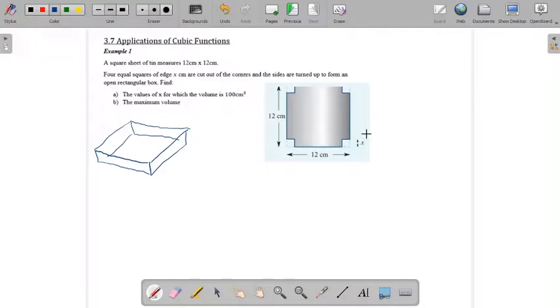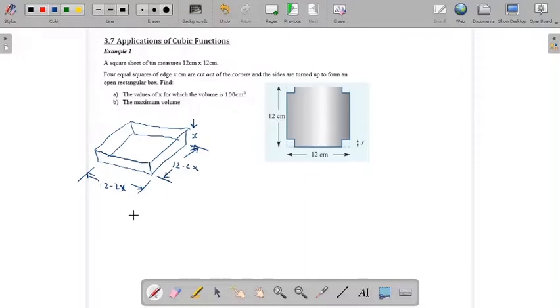When these are folded up, that dimension there is x all the way around, which means also that our dimensions across there are going to be 12 minus x minus another x, so that's 12 minus 2x across that way, and it will be the same that way, 12 minus 2x.